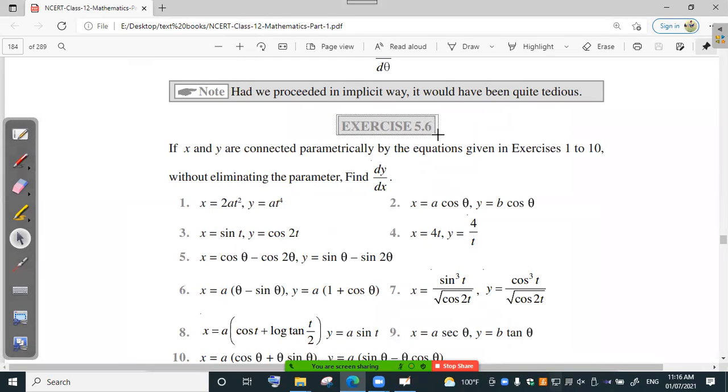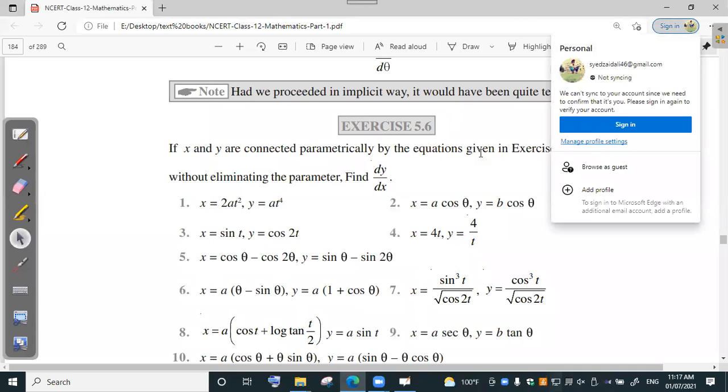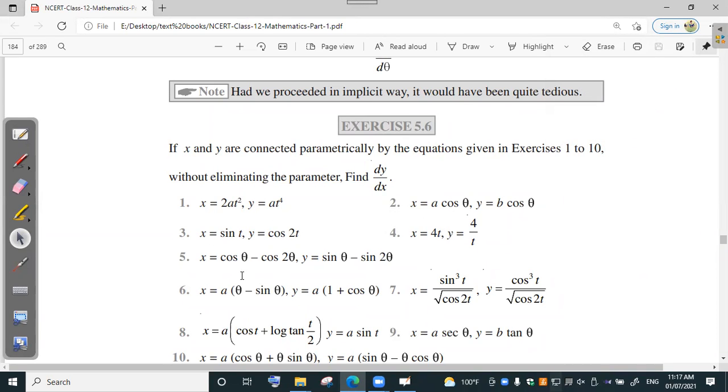Exercise five point six. This question we have done just now; second question, first question, third question, fourth question, fifth question, all are easy.